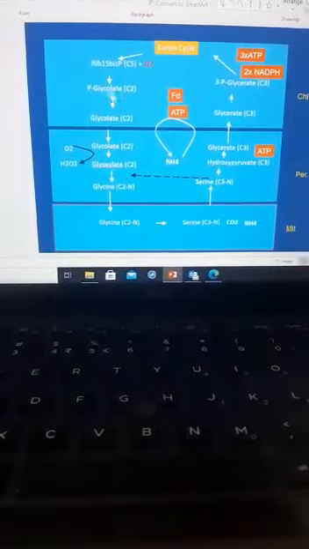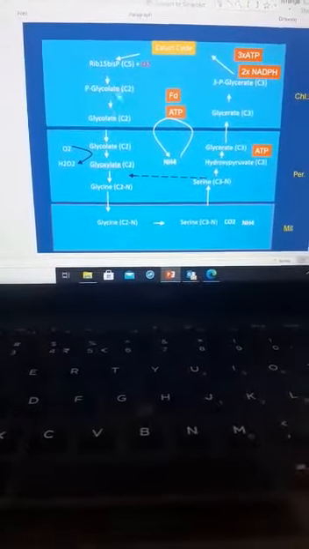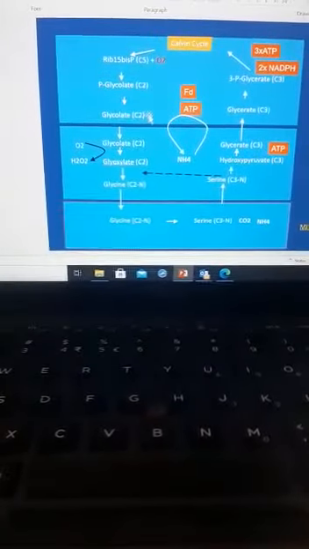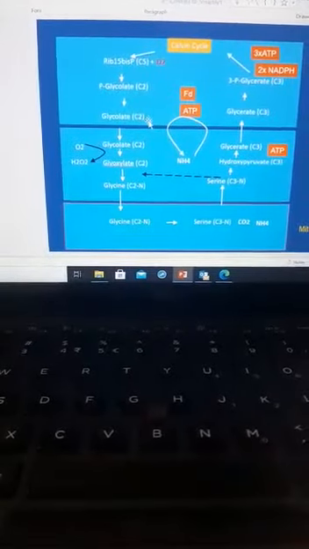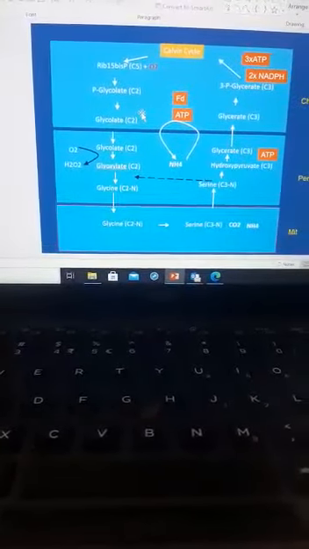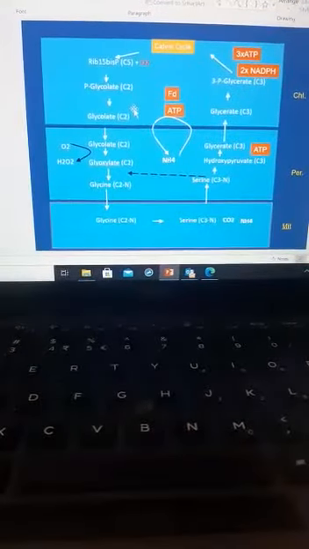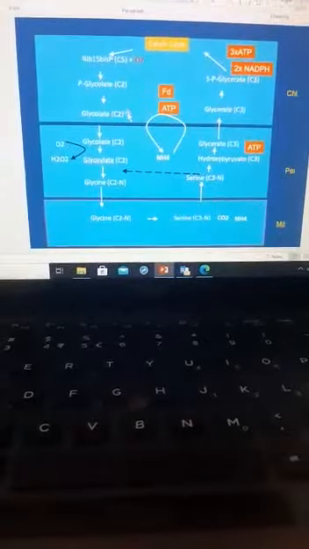That phosphoglycolate is going to lose its phosphate group and become glycolate. All this is happening within the chloroplast in the leaf of a plant.